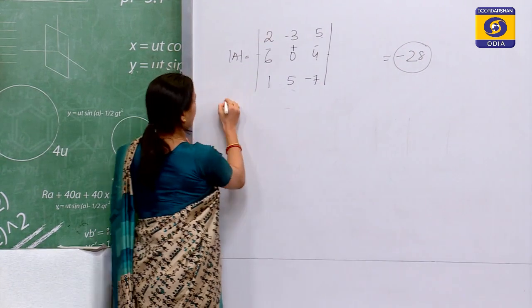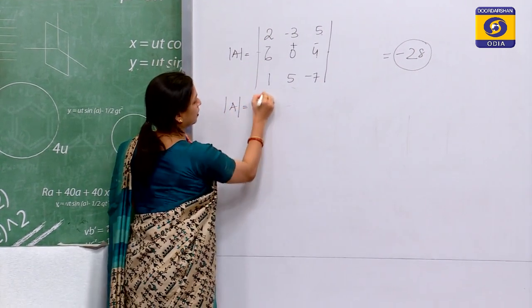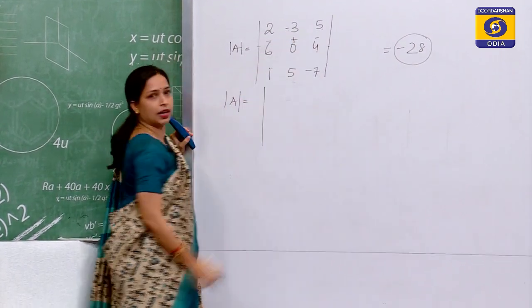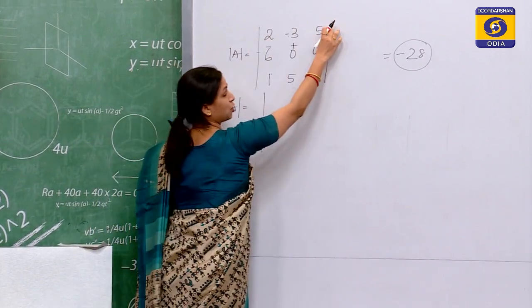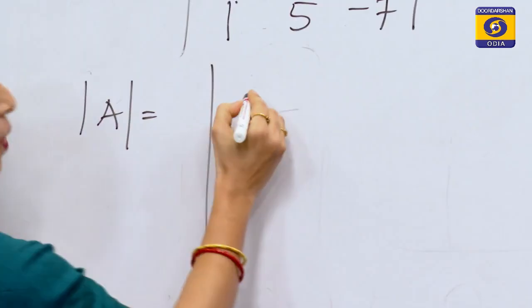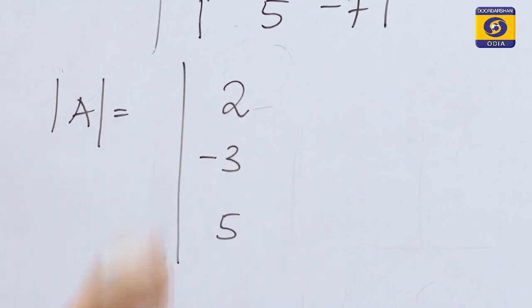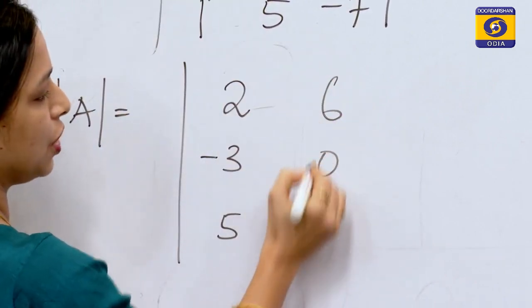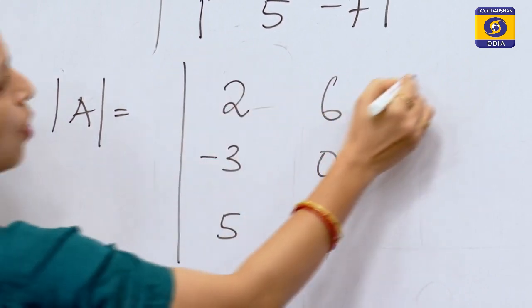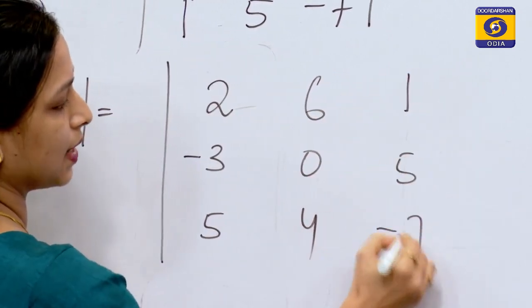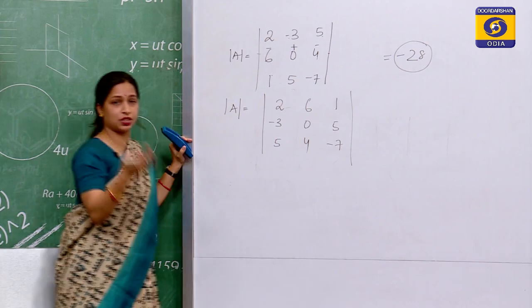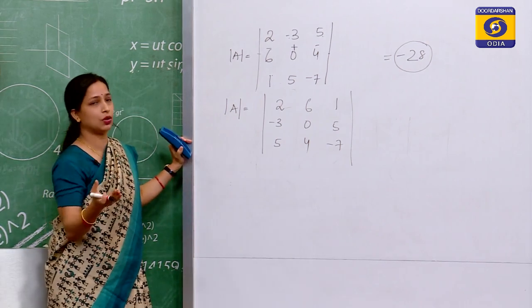Now, if I change this row into this column, that means I change row 1 to column 1. So, I write 2, minus 3, 5, 6, 0, 4, 1, 5, minus 7. So, I have interchanged the rows to columns and the columns to rows.